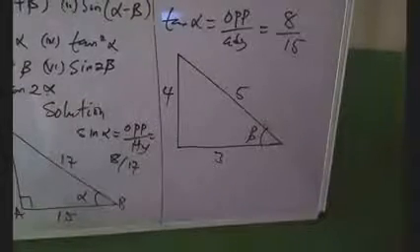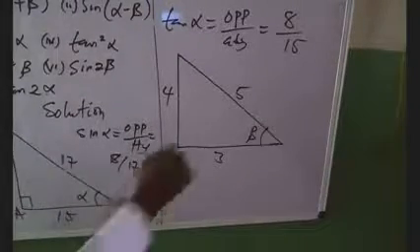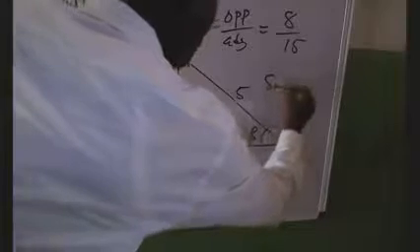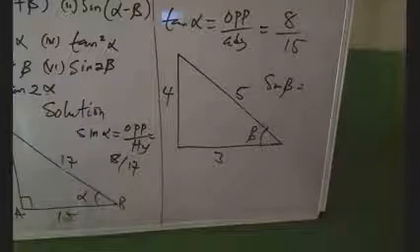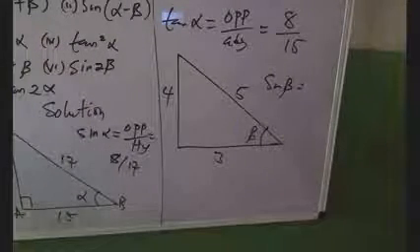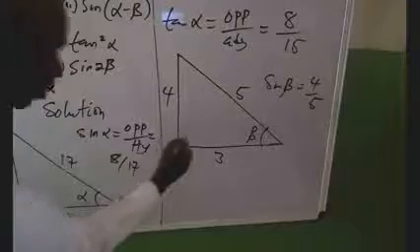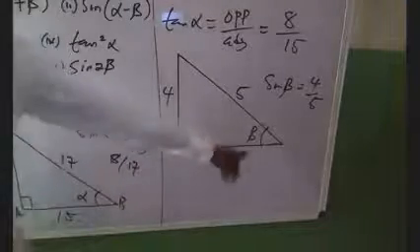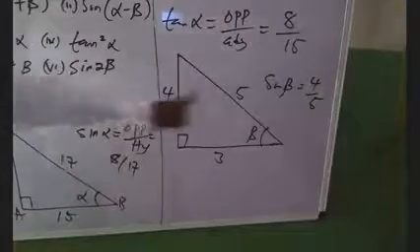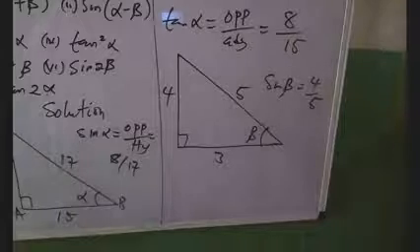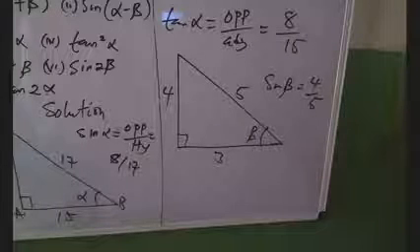So from here we can conclude that our sine beta is opposite over hypotenuse. That will be equal to 4 over 5. This is opposite, this is your right angle, this is your beta.